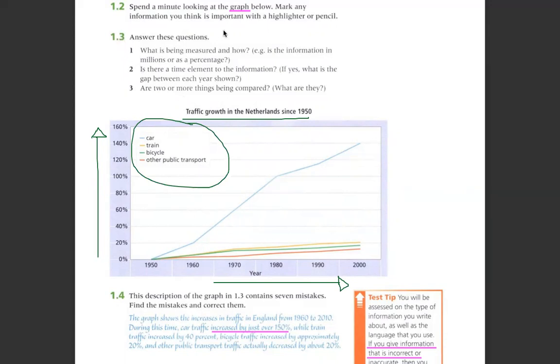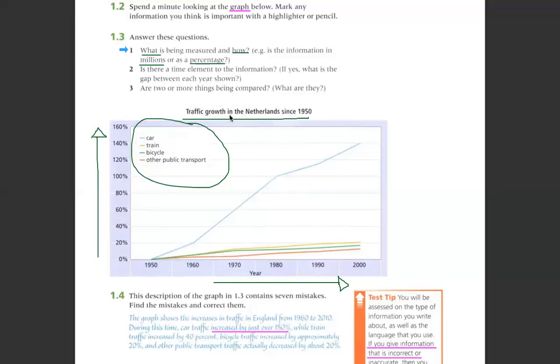The first question says, what is being measured and how? For this, we're going to look, is there any information that's measured in millions or a percentage? Have a look at the graph, and I want you to type in the chat box, what is being measured and how is it being measured?